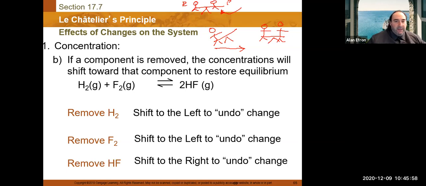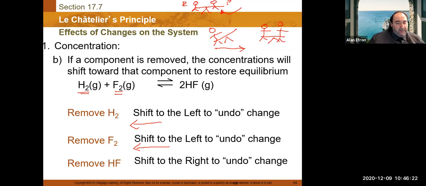And again, you're going to be looking at the balanced equation to figure that out. So here, if we removed H2, H2 is on the left-hand side, so it would go towards the side that we removed it from. F2, same deal. It is also on the left-hand side, so we would expect it to shift to the left-hand side, or make more reactants, to once again reach equilibrium.